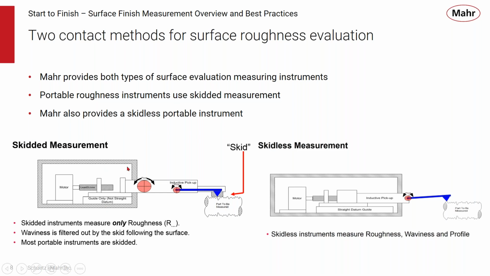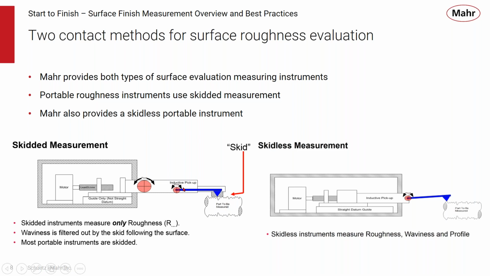With the skidded method, a probe is dragged over the surface. There's a skid, that's why it's called skidded, and in the middle of that skid usually is a probe with a very fine contact tip, or stylus, that records the surface profile or surface roughness.